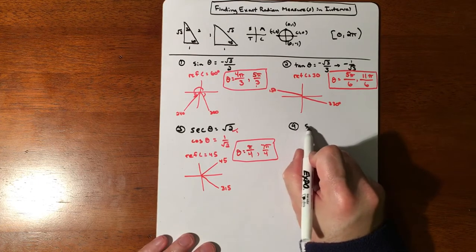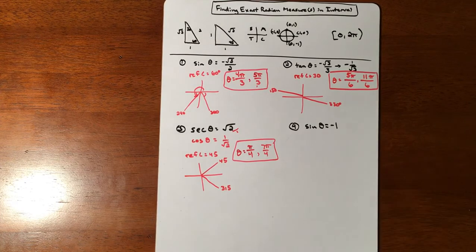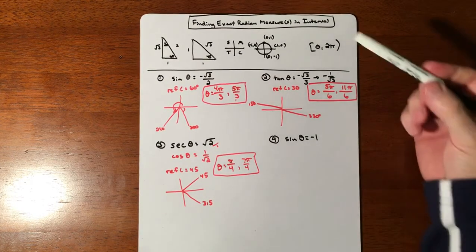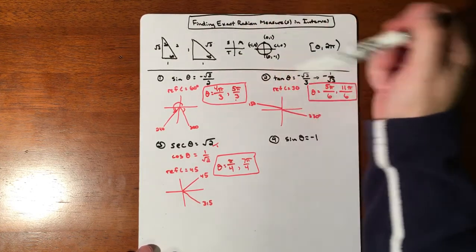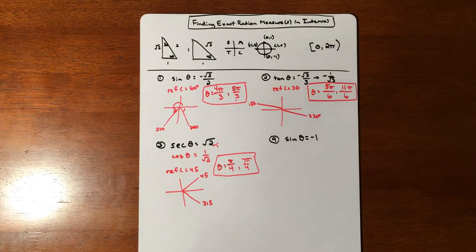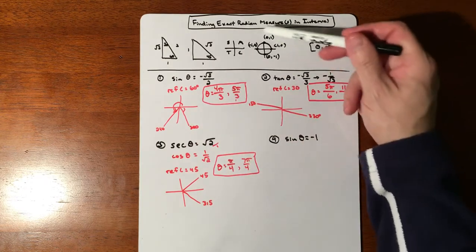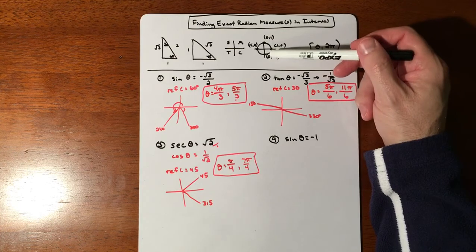All right, and then the last one is, what if we had to do sine of theta equals -1? If I look at my stuff, -1 is not going to match any of these triangles, so I kind of have to shift gears a little bit. I'm not going to be able to connect it to an angle on a triangle. Instead, I'm going to be talking about the unit circle and one of the axis points.